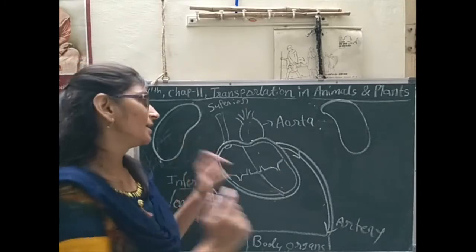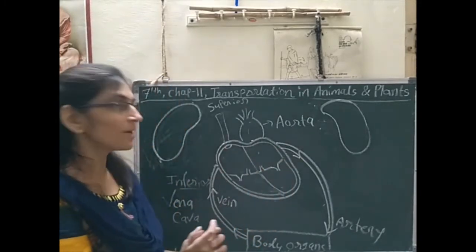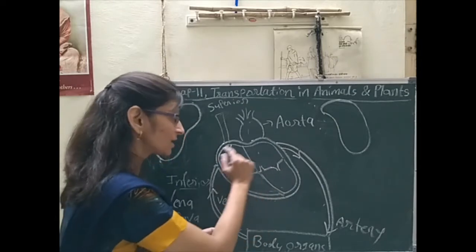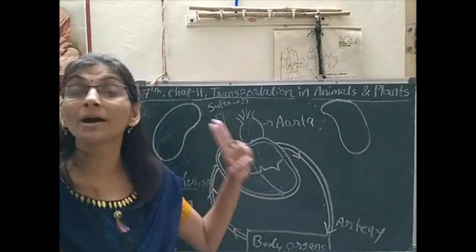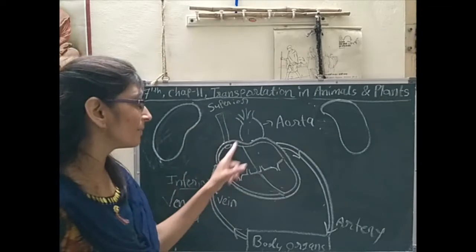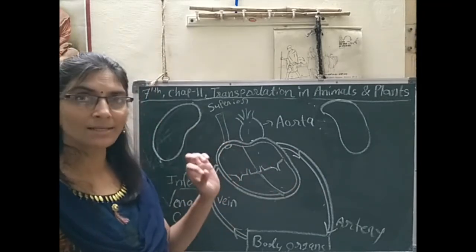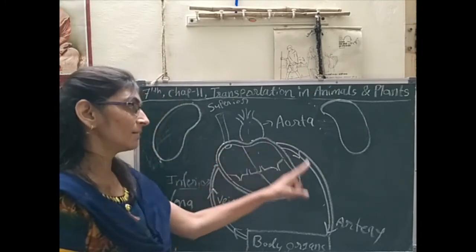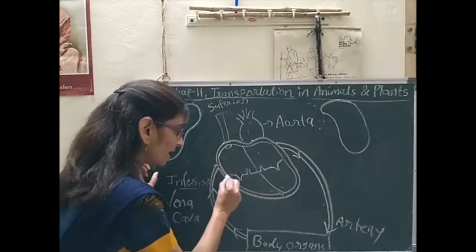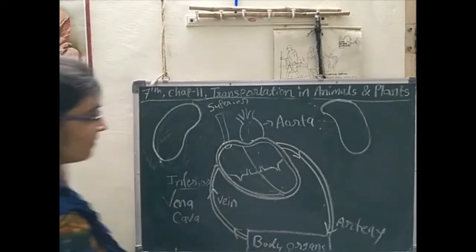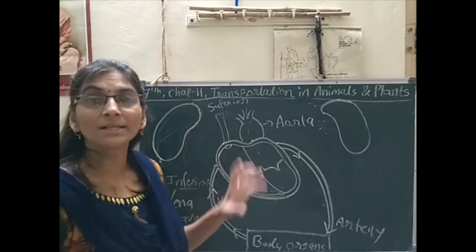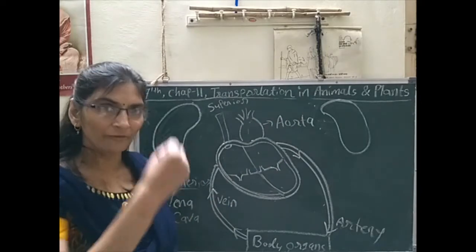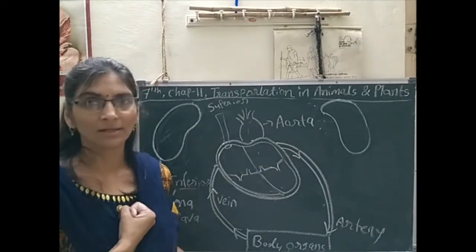It is covered by a double layered membrane, thick and elastic, and that membrane is known as the pericardium. And what is the size of the heart? It is equal to our fist, if we make a fist, the size of the heart is like that.